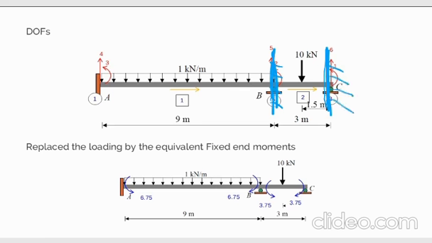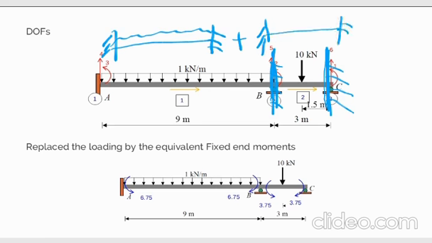It's just for an easier solution. The member number 1 should be like this, with the distributed load, plus the second member like this. Depending on this drawing we will solve this example.